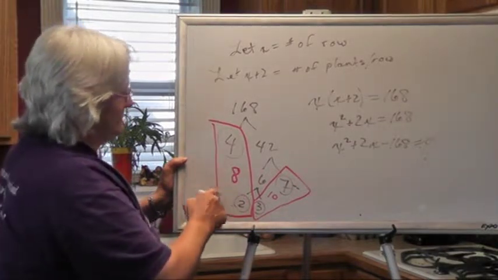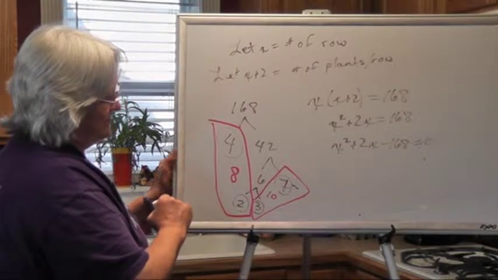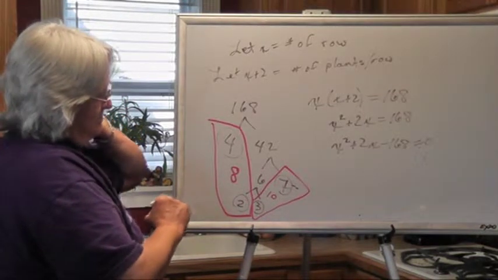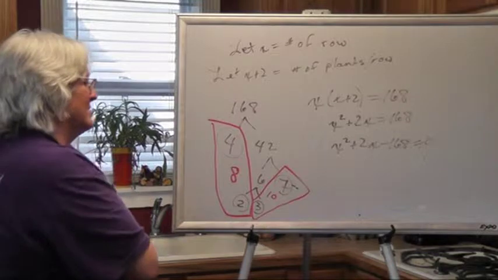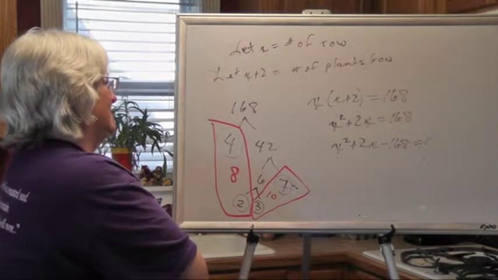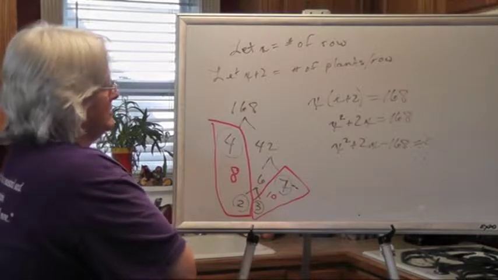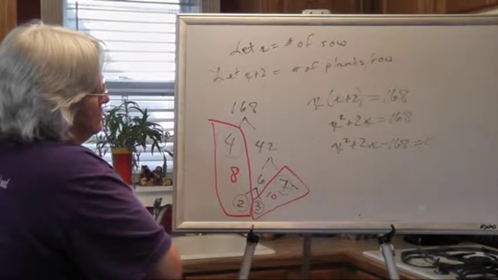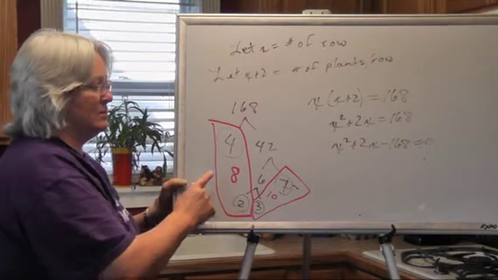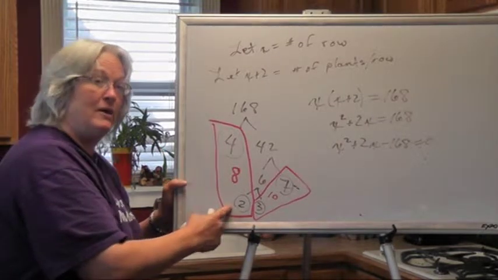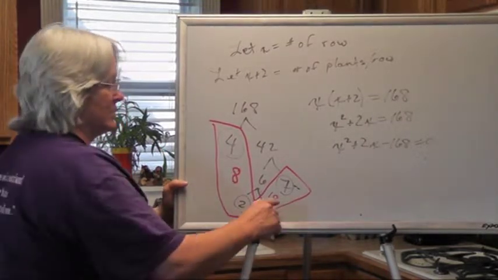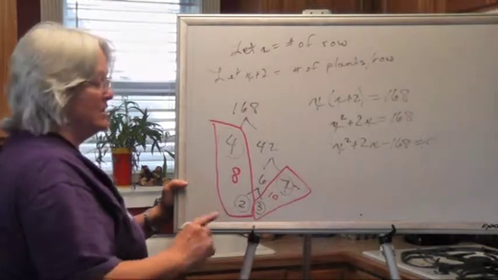Okay. But that's not what we're looking for, is it? 12 and 14, because what I did was I said 4 times 2 is 8, which is true, but I said 7 plus 3 is 10.